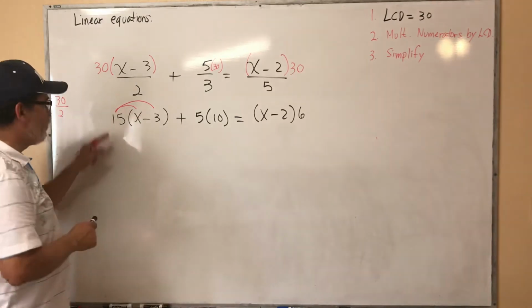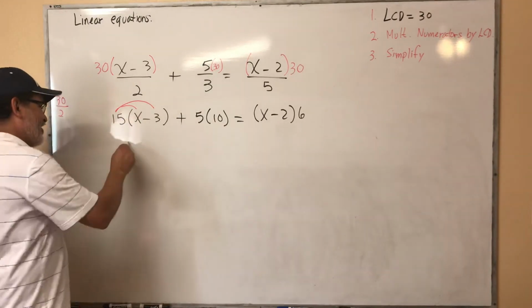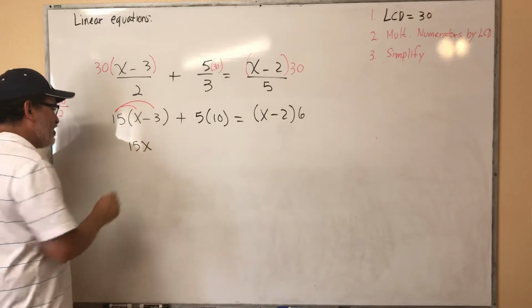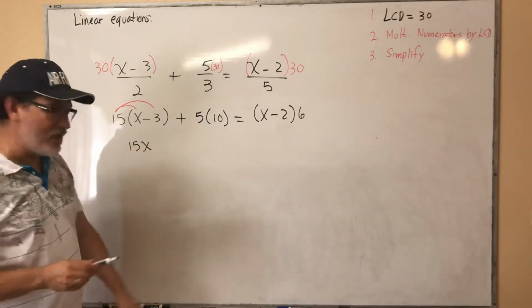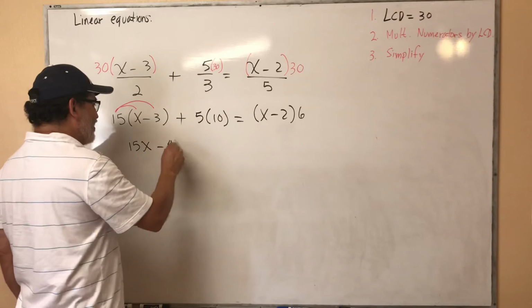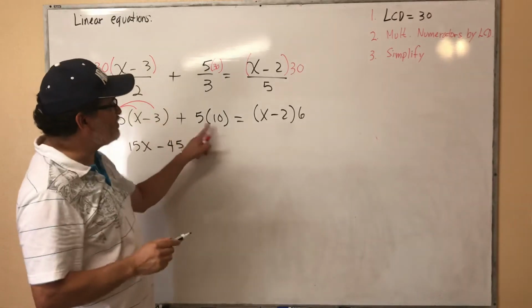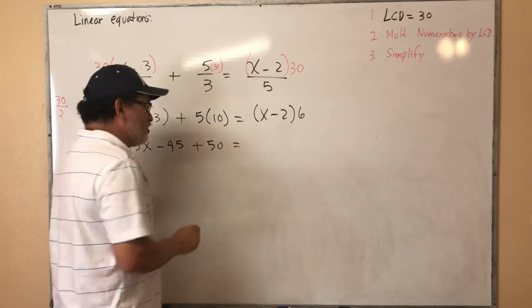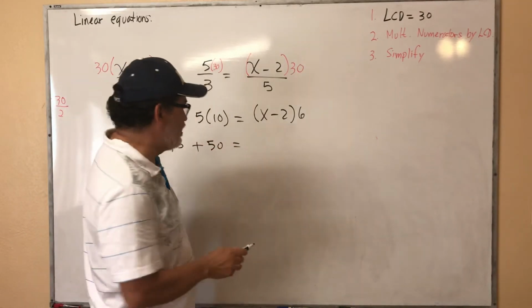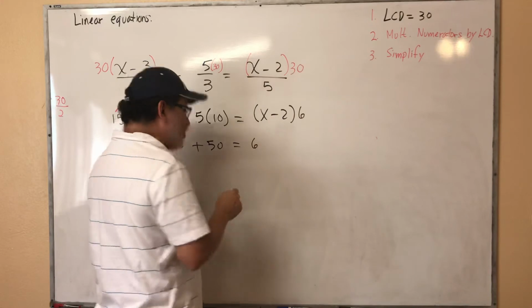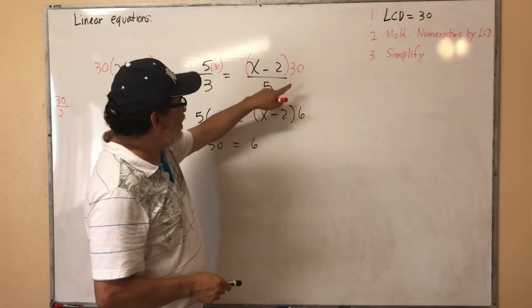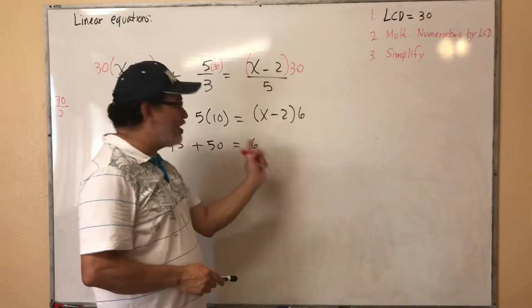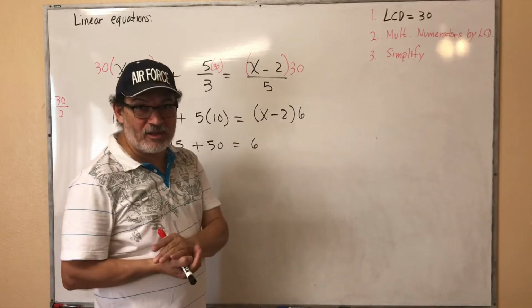Okay. What's 15 times x? 15x. What's 15 times negative 3? Negative 45. What's 5 times 10? Plus 50 equals. What's 6 times x? 6x. By the way, when 6 is distributed, guess who is distributed?